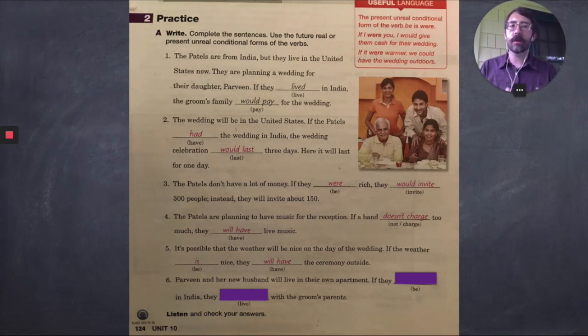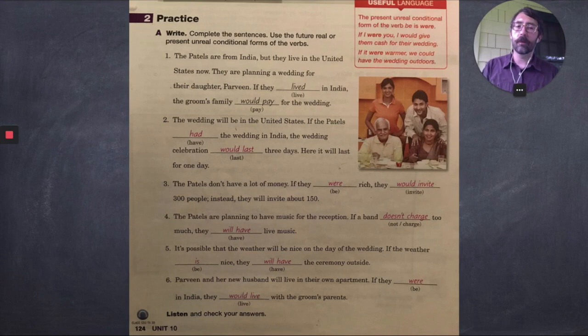What would life look like in India instead of the US, right? So we're going to use the present unreal. Again, be verb, present unreal is going to be were. If they were in India, present unreal, they would live with the groom's parents. Living in them would be quite a different thing and maybe quite strange.